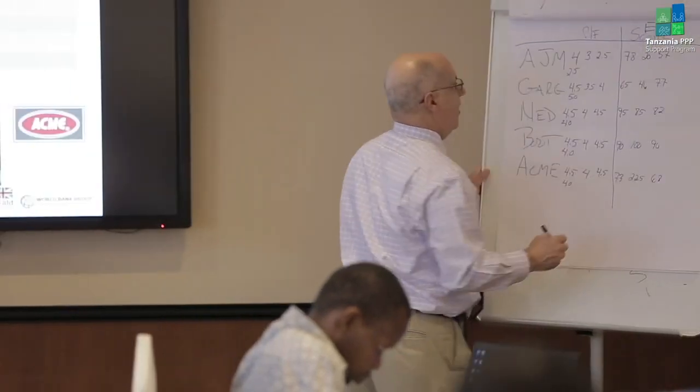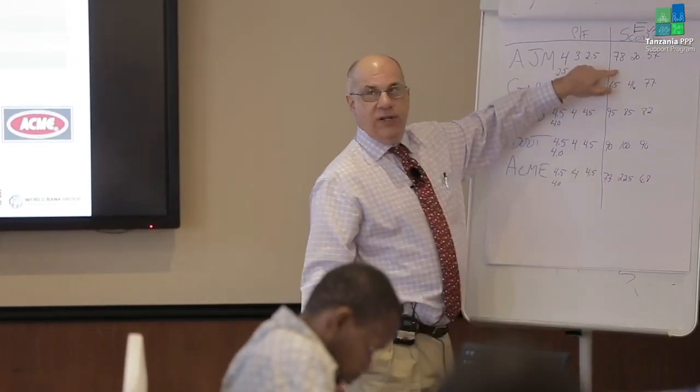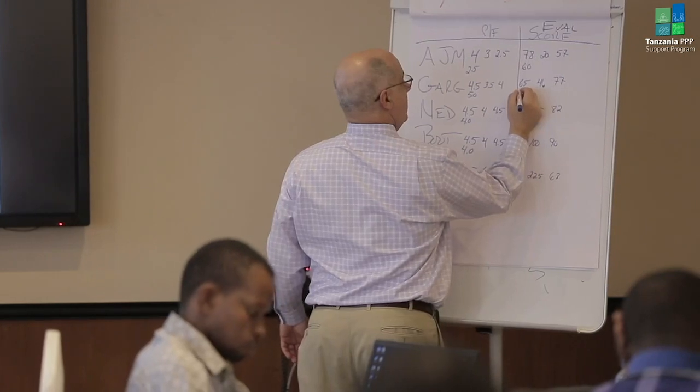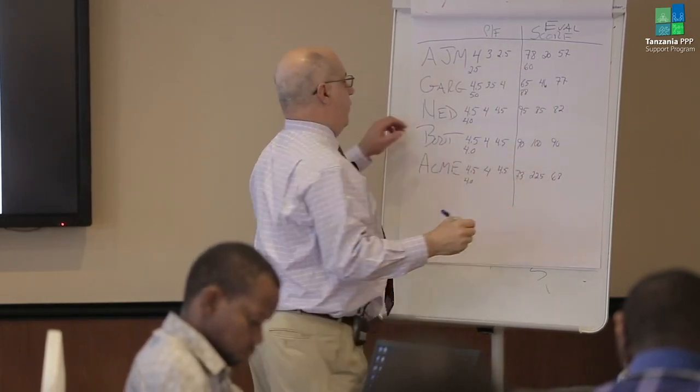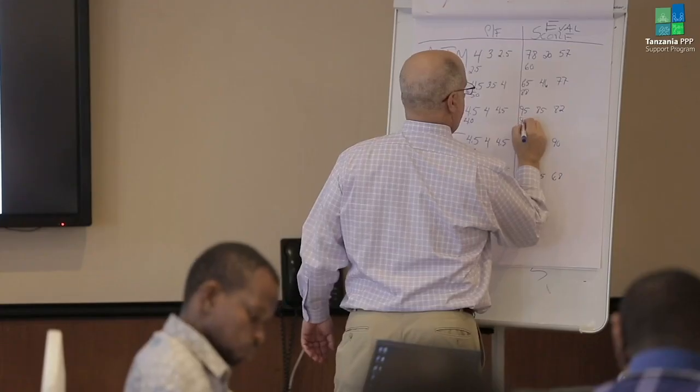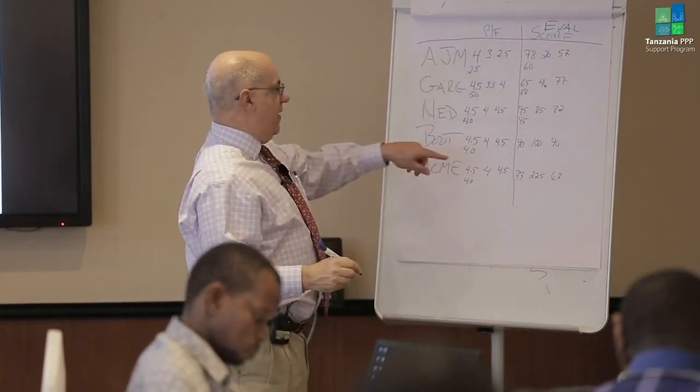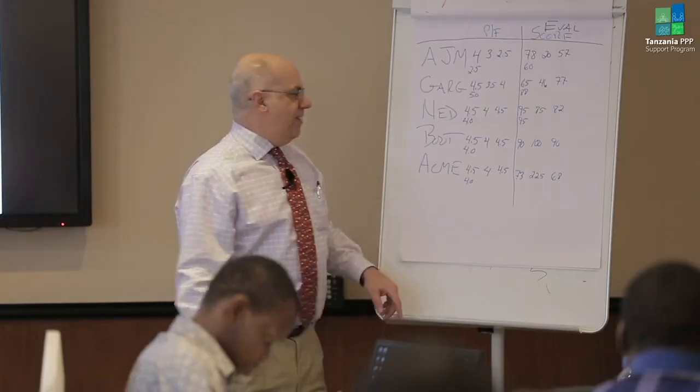And then for the evaluation? 60, okay. Next one? 88. Okay, for Ned? 95. He hasn't seen a 95 since high school. Okay, for me? 85. Wait a minute.